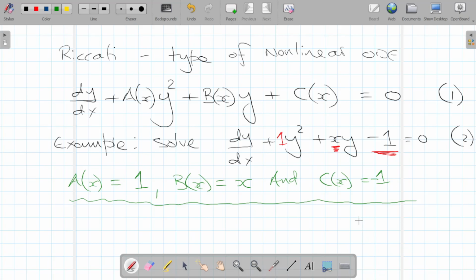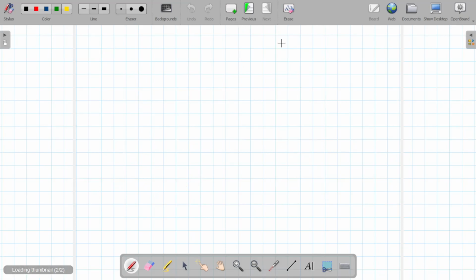At the moment, we don't desperately need this information. But we're going to simplify equation 2 very slightly, putting it into another form that hopefully will help us to find a first simple trivial solution to equation 2. So let's go on to the next page and write down the equation once again.